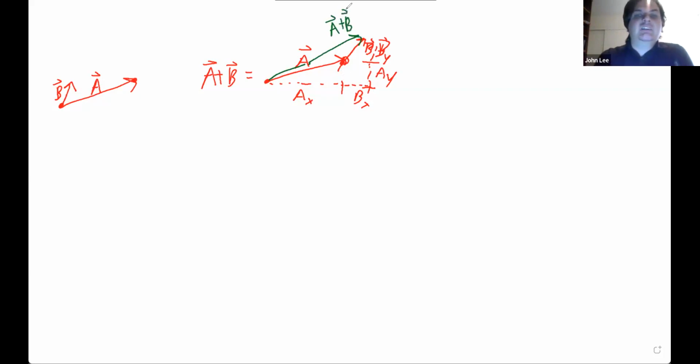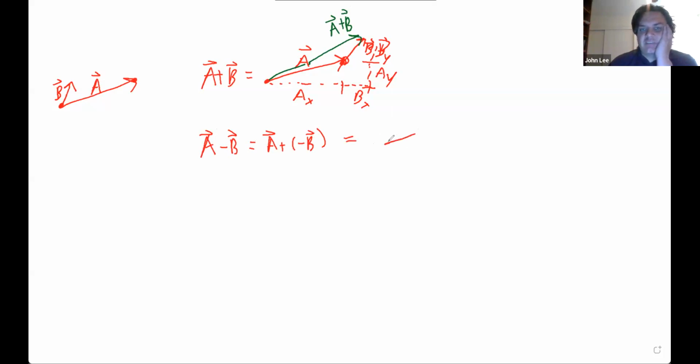Okay, so hopefully that makes sense. That's just how we graphically do it. A minus B is equal to A plus negative B. So that is going to be the same sort of thing.